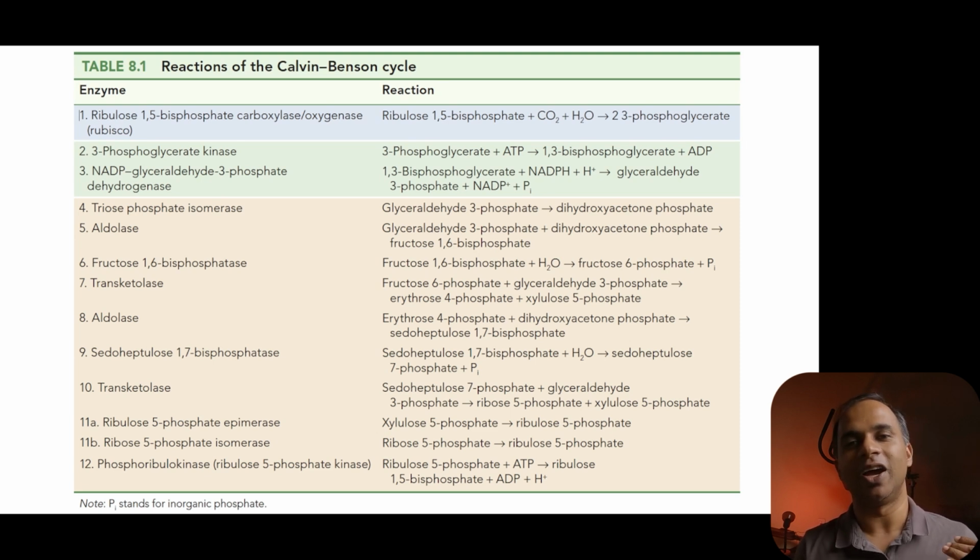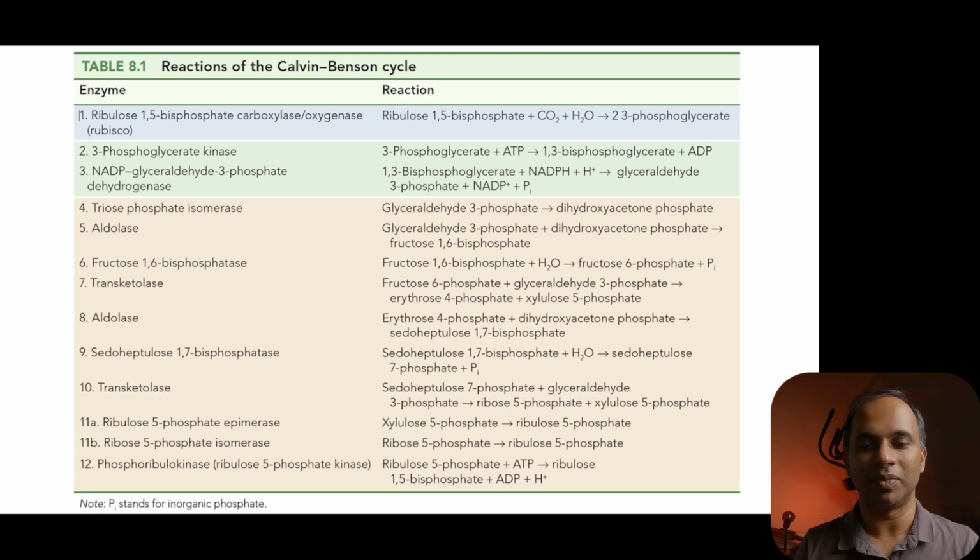Rather, I would like you to understand the process and the main steps as I summarize, and most importantly, I want you to think how you can harness this knowledge about the carbon reaction to improve our crops in order to have much better yielding crops. So that is what I require, not memorizing all the structures and other things. Therefore, don't worry too much, because you don't need to memorize all these different reactions.